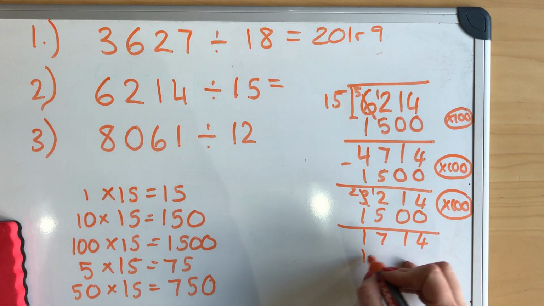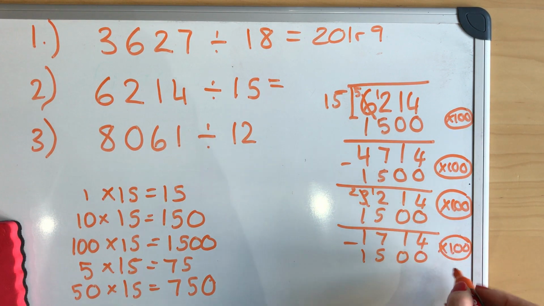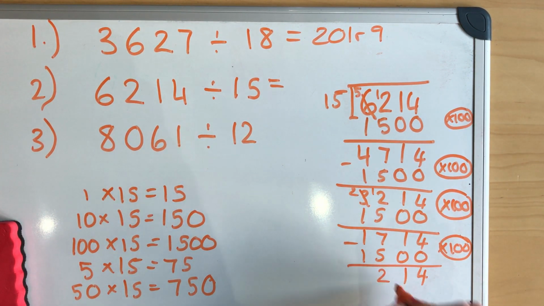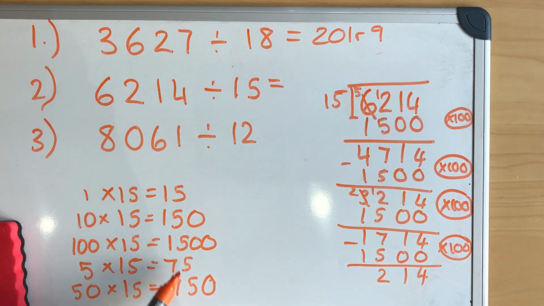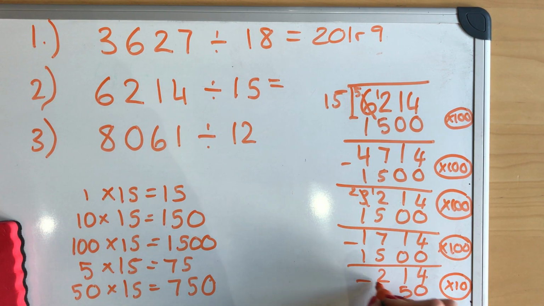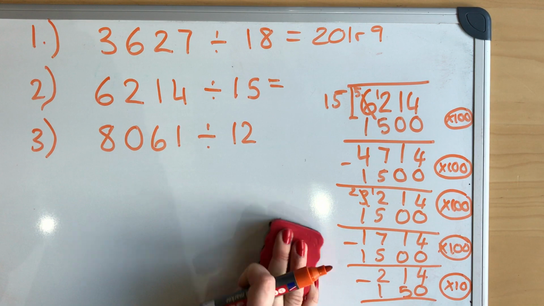And I can take another group. And now I need to look at what else I can take away. I can take away a group of 10, which I'm just going to carry on over up here. Actually, let me get rid of these.